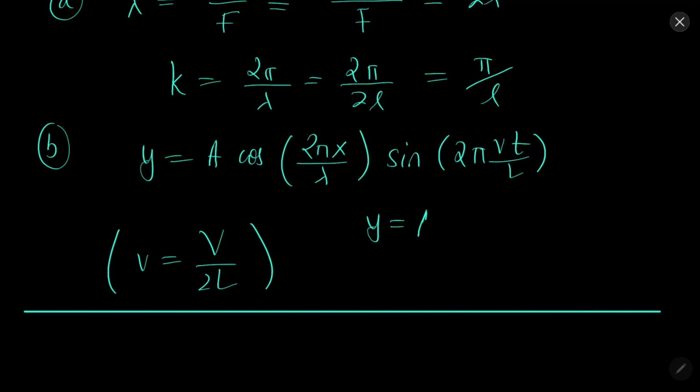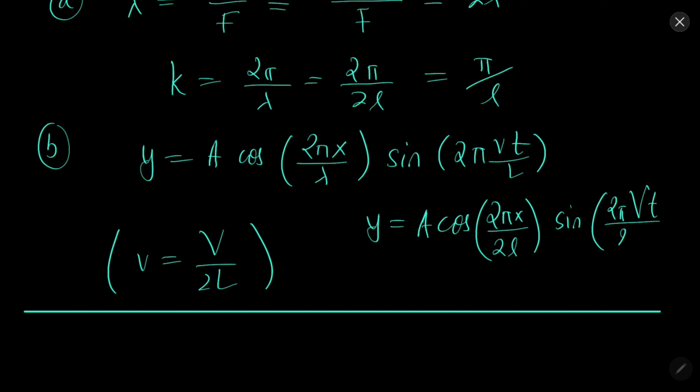So this can also be written like a cos 2 pi x by lambda or 2L, and sine 2 pi vt over 2L.